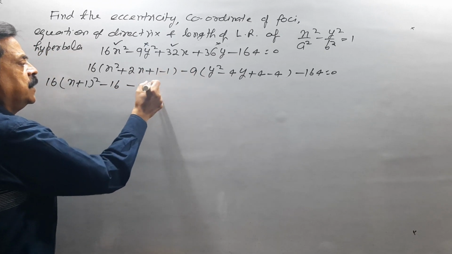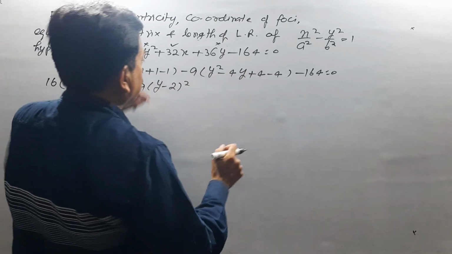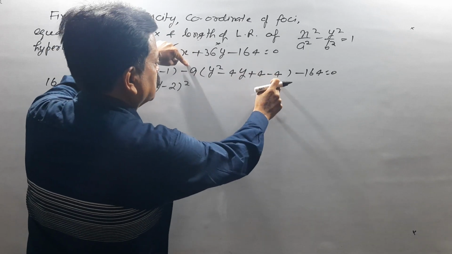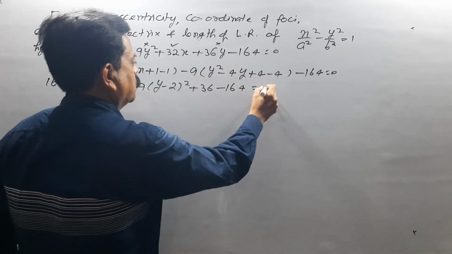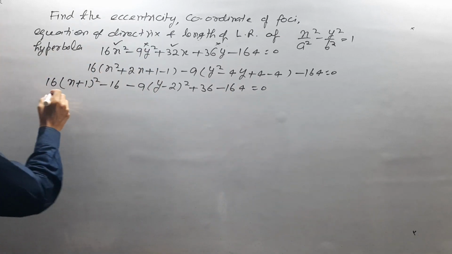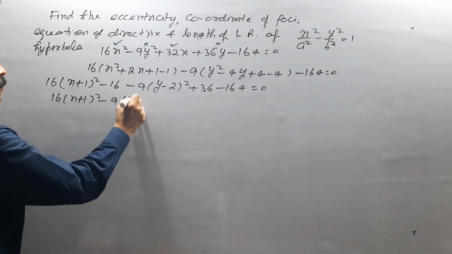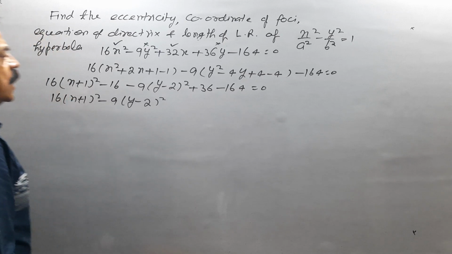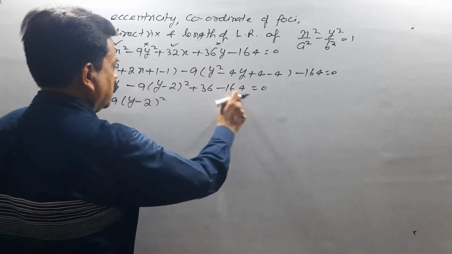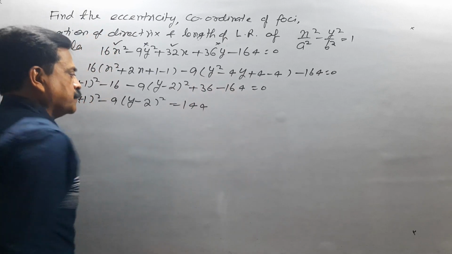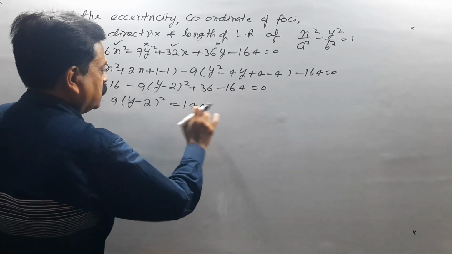Similarly here minus 9 times (y minus 2) whole square, and the additional term is minus 9 into minus 4, plus 36, minus 164 equals 0. So 16 times (x plus 1) whole square minus 9 times (y minus 2) whole square, and minus 16 plus 36 minus 164 gives minus 144. On calculating, we get 144.